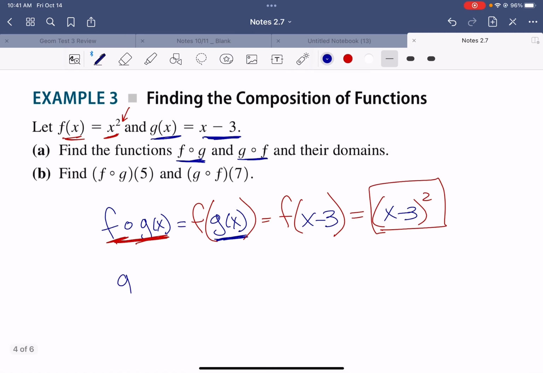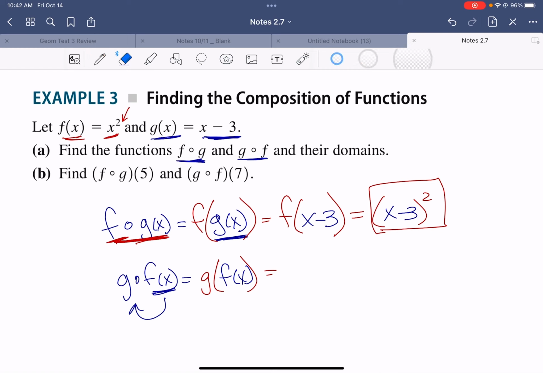If I wanted to do g of f of x, it starts off by first plugging x into f, and then taking that answer and plugging it into g. So when you first give something to f, in this case, it gives you x squared out. And then you plug that answer into g. What does g do to things? It takes what you give it, and it subtracts 3.